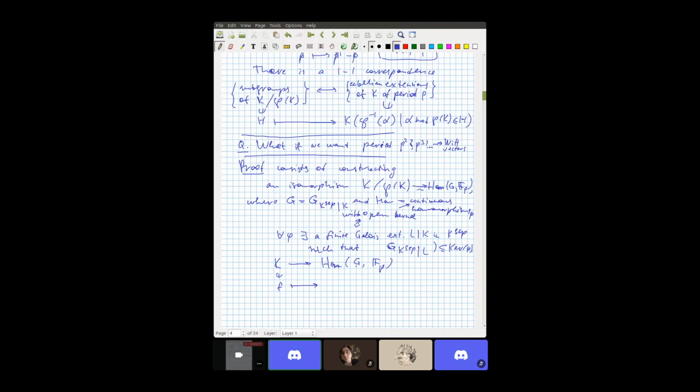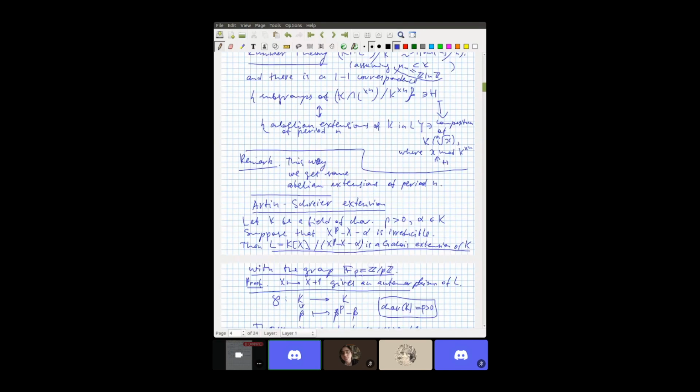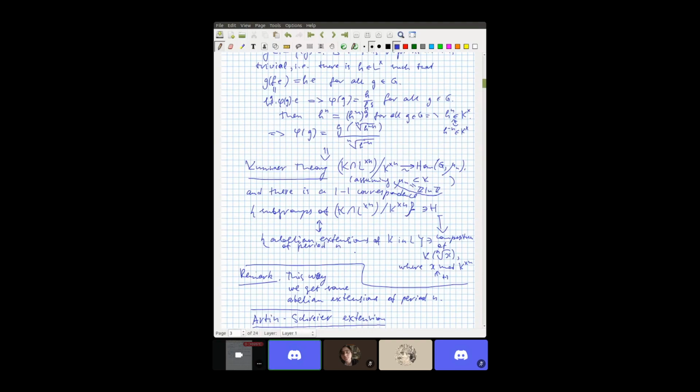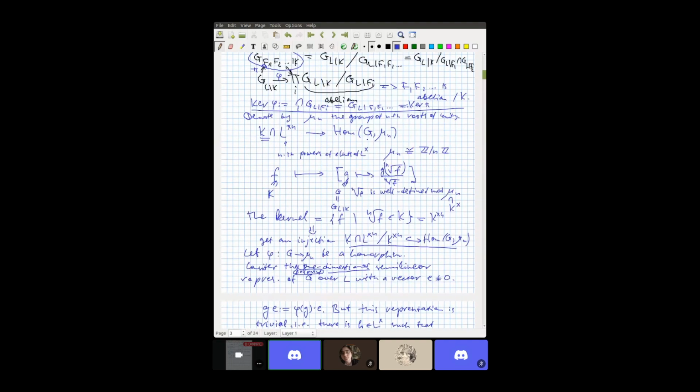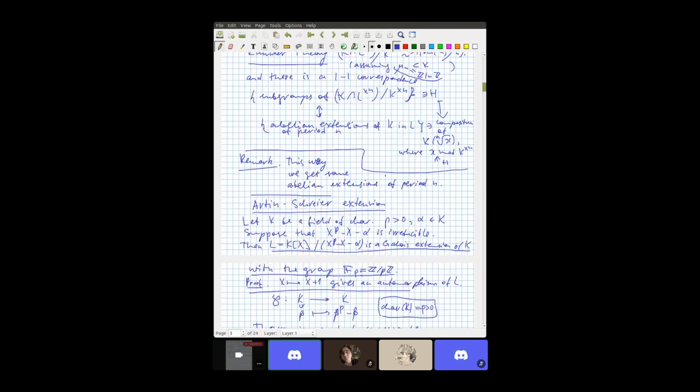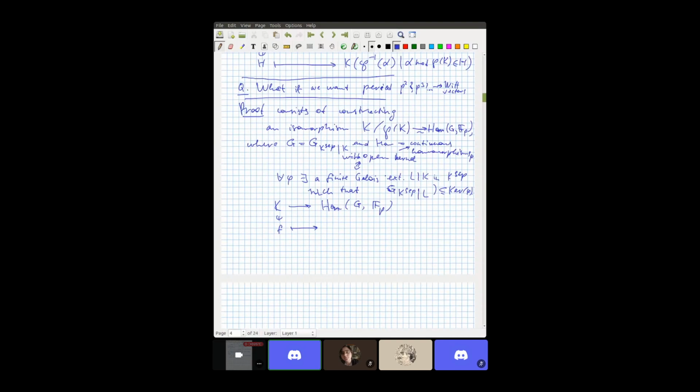But here, instead of the quotient of the image of some element under the group element by the element itself, sorry, it was here. Here we considered the quotient, but now we consider the difference because everything is additive.